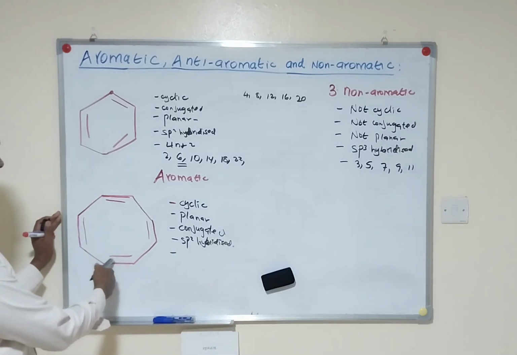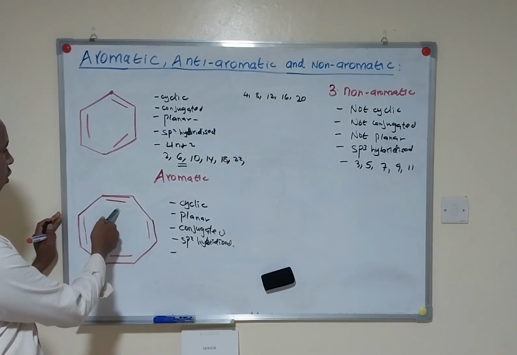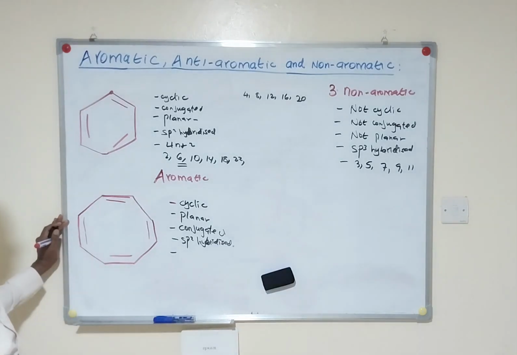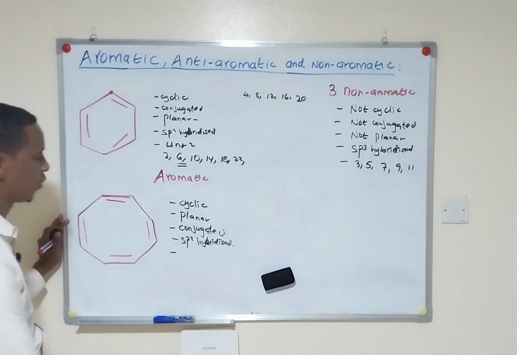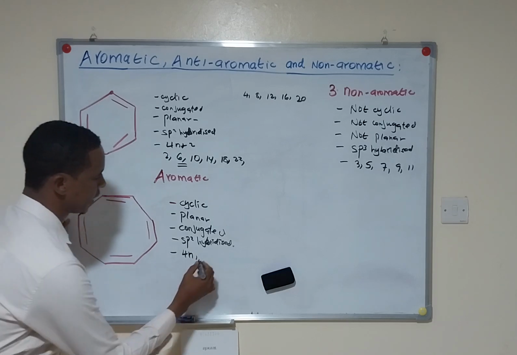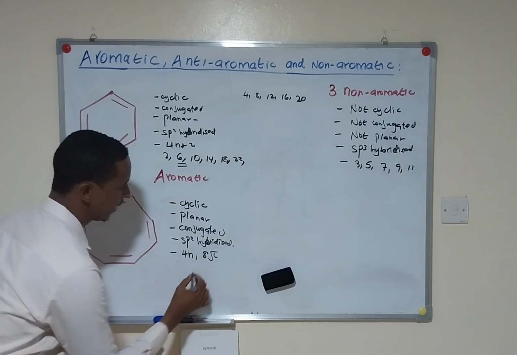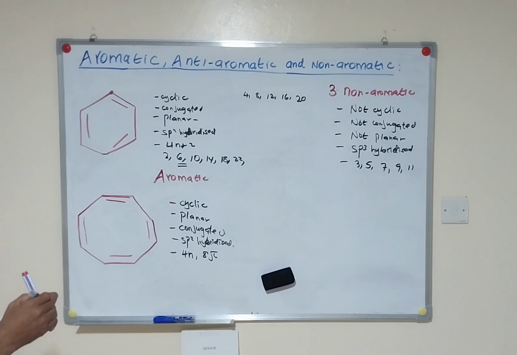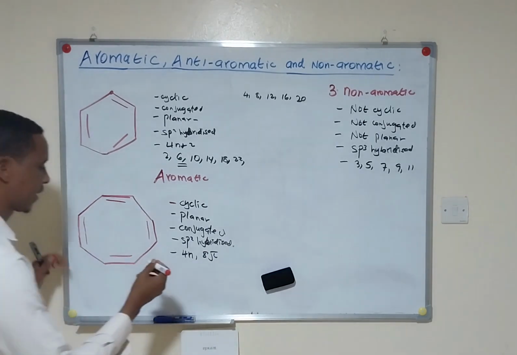Our compound has 4 pi bonds, which give us 8 pi electrons, so it conforms to the 4n rule. So the compound is anti-aromatic.